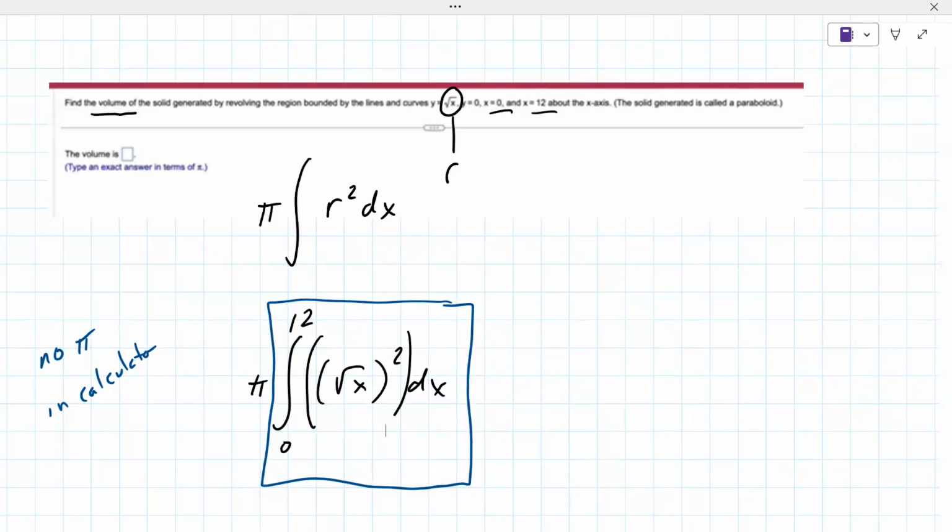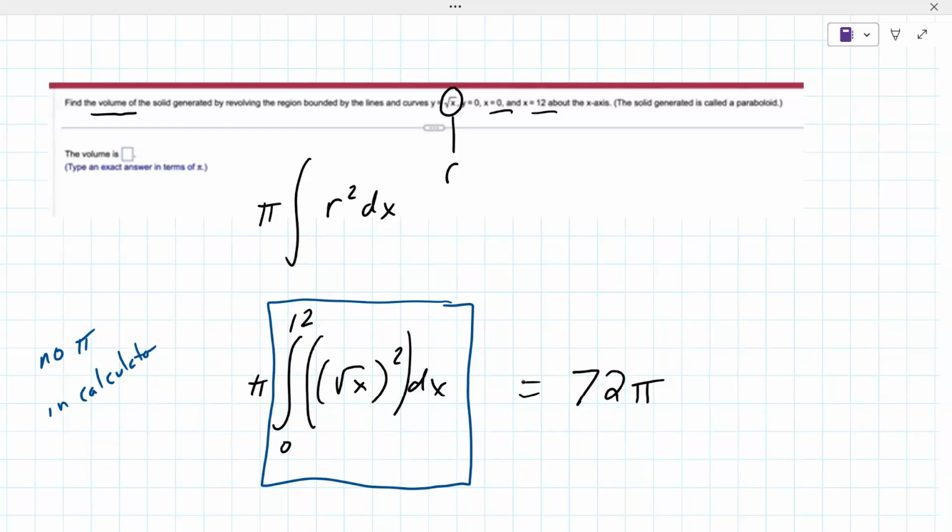All right, I'm going to integrate this as well. And I got 72 pi.